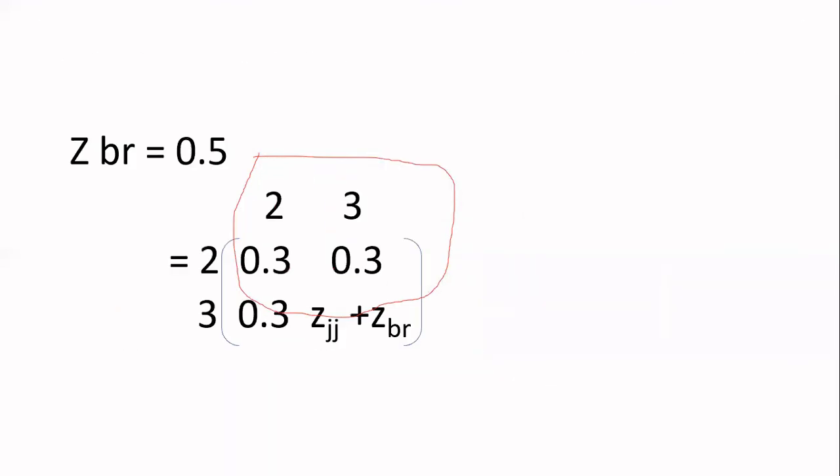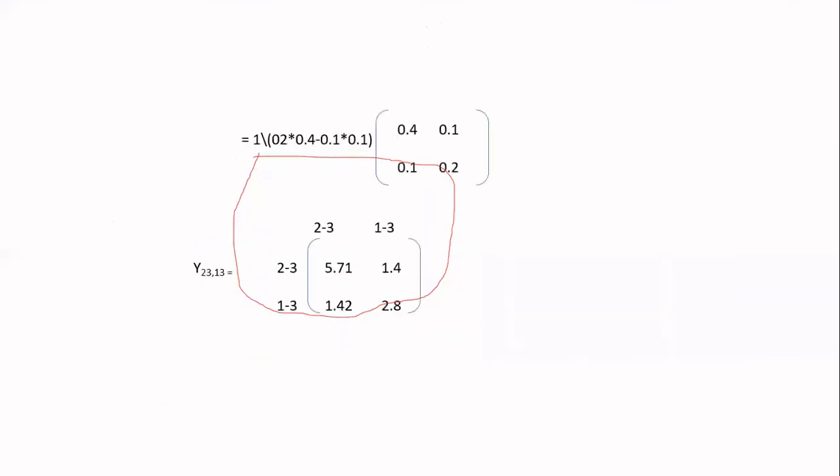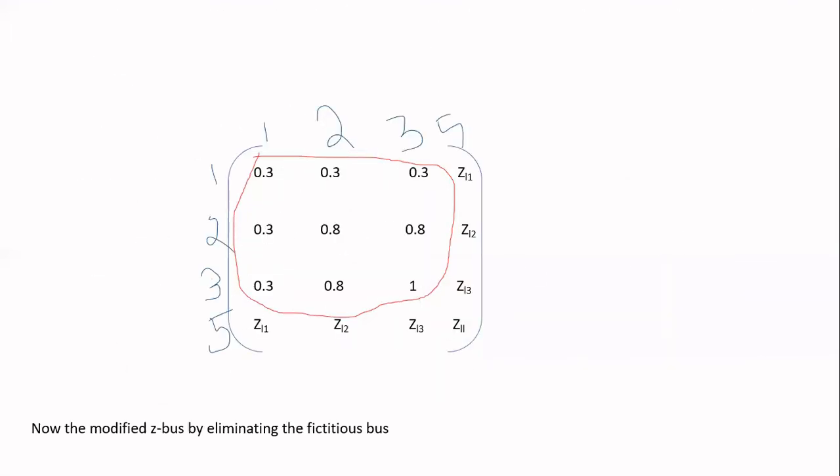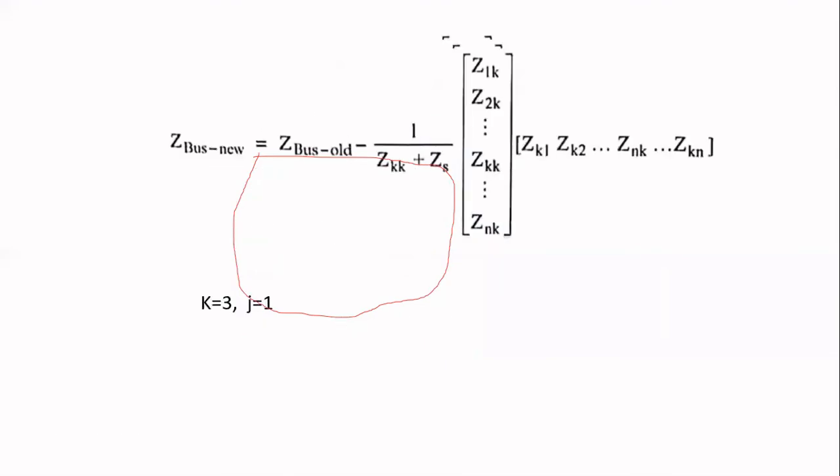What is the formula? Z-bus new is equal to Z-bus old minus 1 by ZKK plus ZS and Z1K.